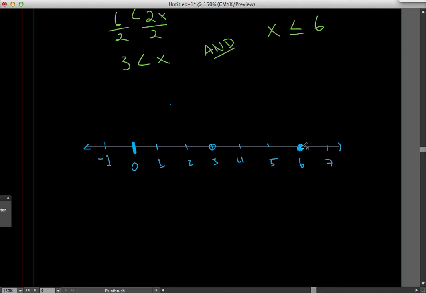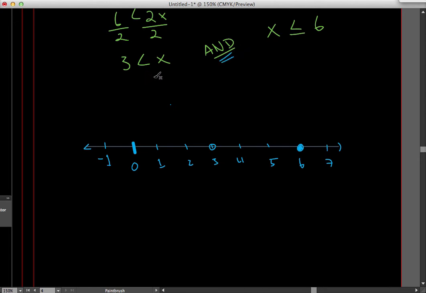We've already drawn the "or equal to" part by filling in the circle, but we have not drawn the less than part. Remember we were speaking a moment ago about how they have to overlap in some way. Where they overlap, because of this "and" word, that's what we want to know.